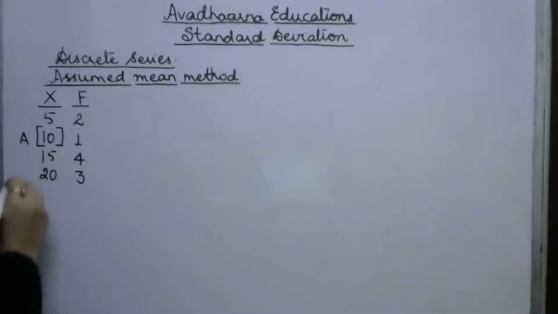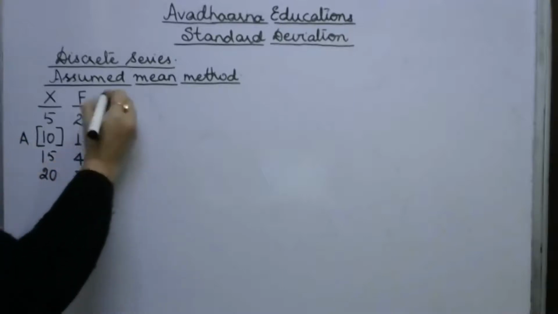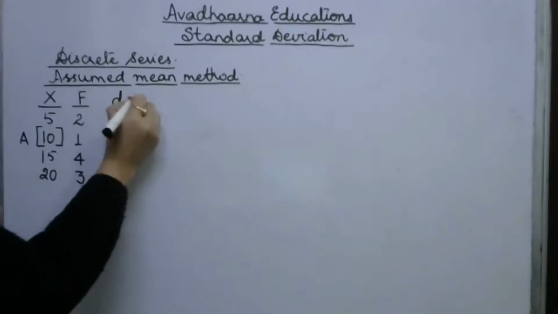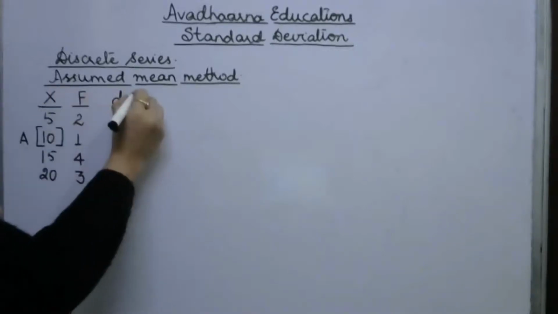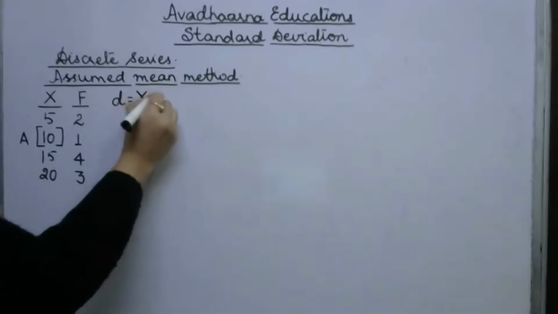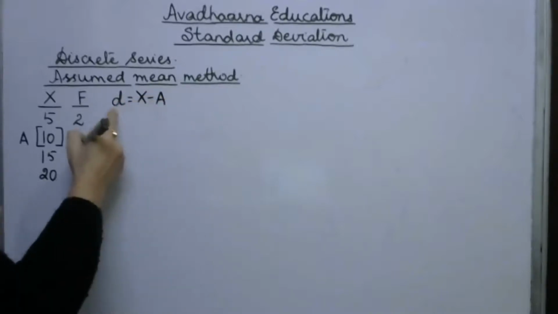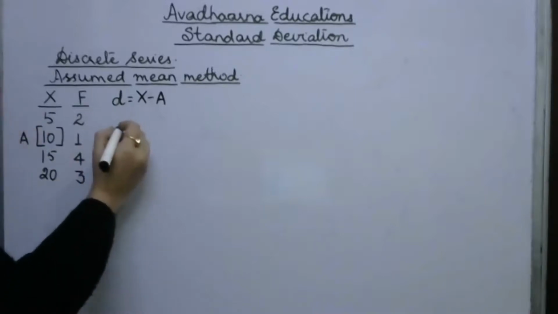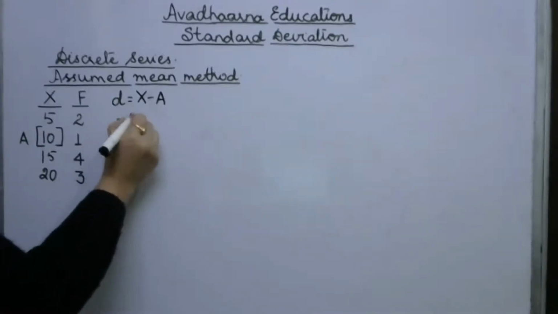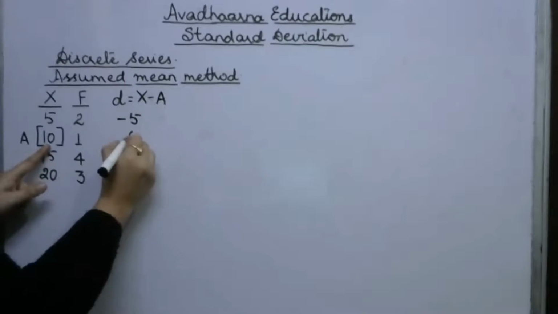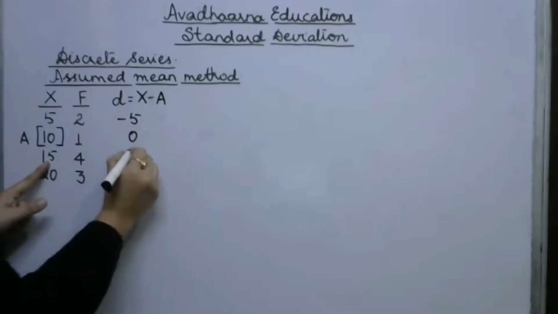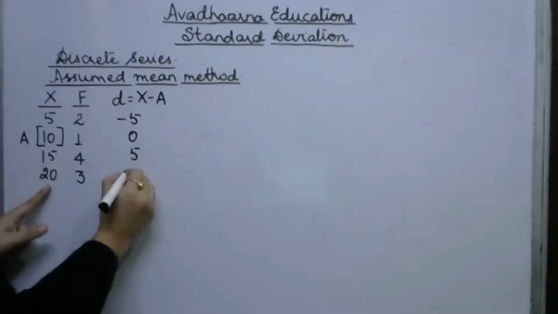So the first step is to calculate the deviations from assumed mean of each item of X series. So X minus A will be small d. So 5 minus 10 is minus 5. 10 minus 10 is 0. 15 minus 10 is 5. And 20 minus 10 is 10.